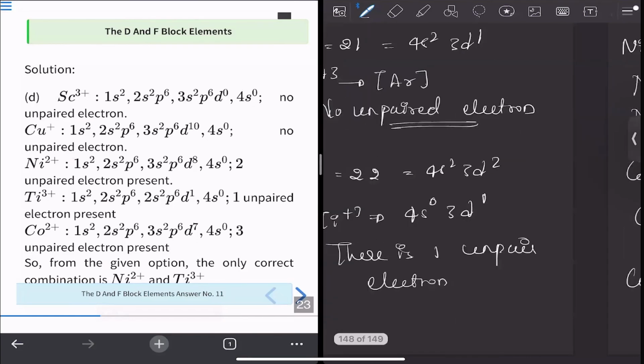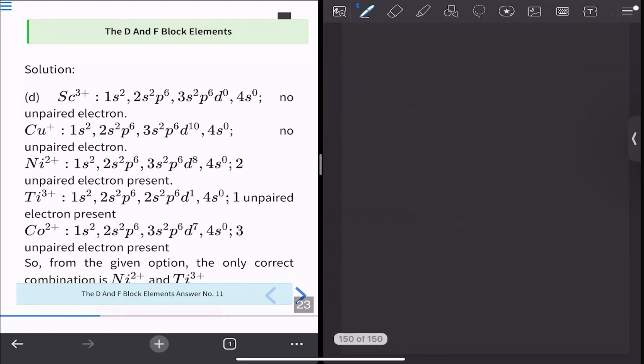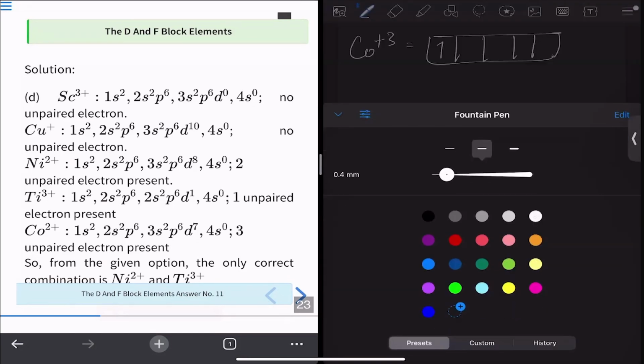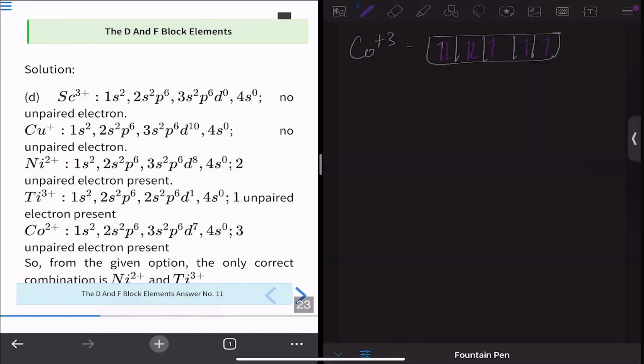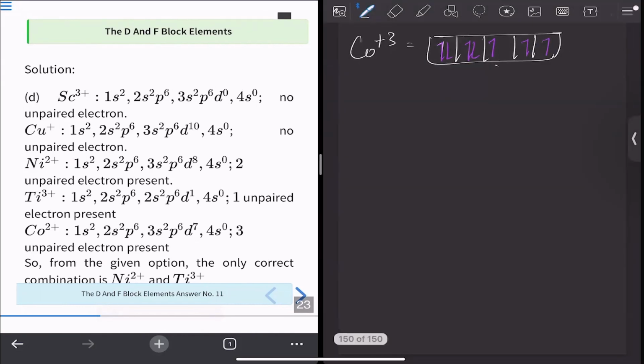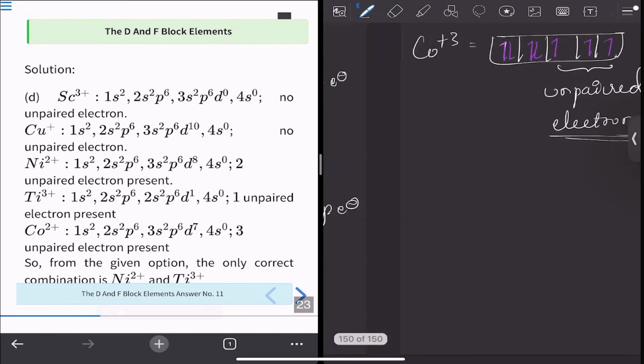Cobalt plus 3 is 3d7, that is 1, 2, 3, 4, 5, 6, 7. These three are unpaired electrons. So there are unpaired electrons.